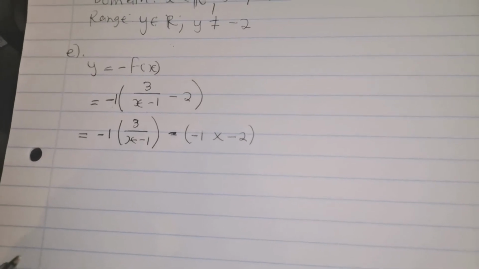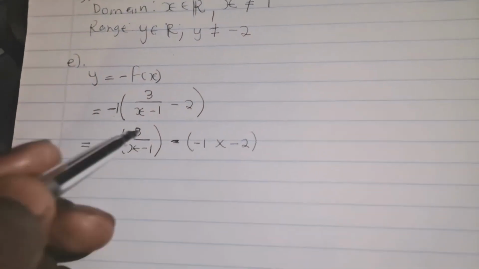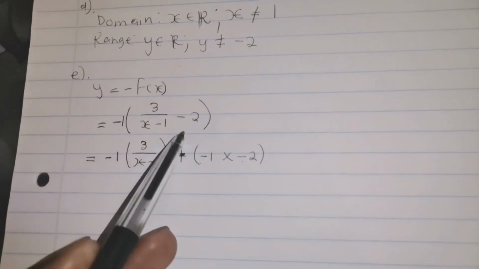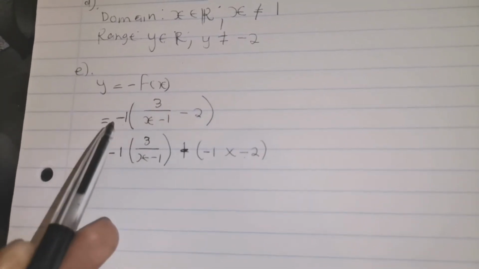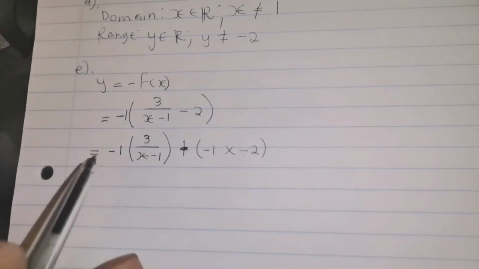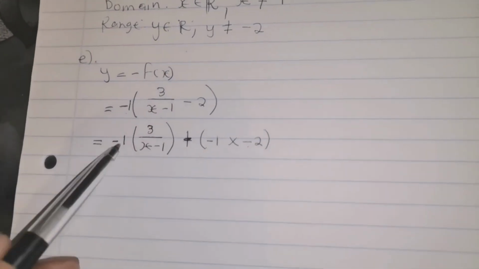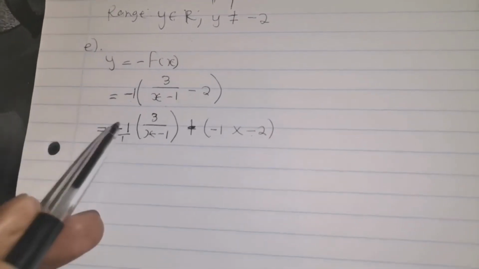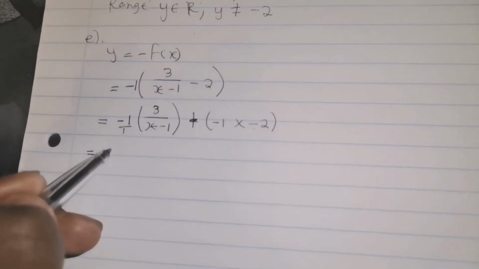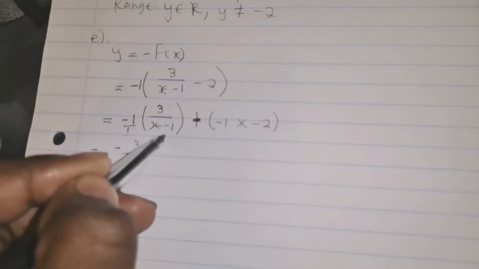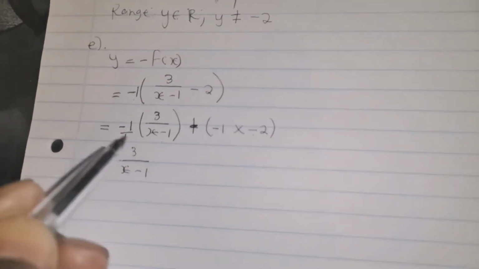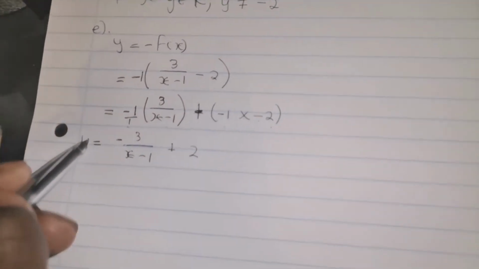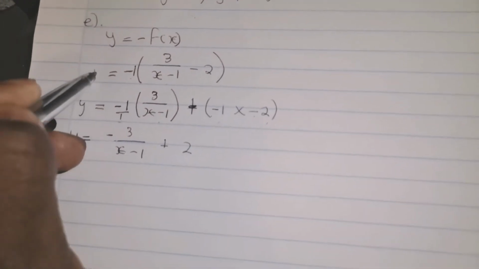That's how we'll go. So it's going to be plus here, because negative times negative is positive, or we can just say negative 1 times negative 2. Then negative 1 times the numerator: negative 1 times 3 is negative 3 over 1 times x minus 1, which gives negative 3 over x minus 1, plus 2. Then you are done, guys.